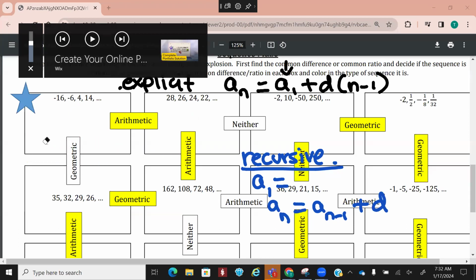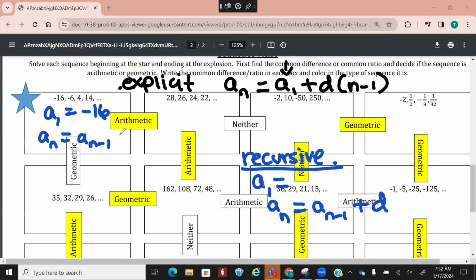Okay, so with recursive, I feel like it's easier, but what you're going to do is you're going to say what a sub 1 is. So what's our a sub 1? -16. And then you're going to say a sub n equals a sub n minus 1. And what is our common difference? 10. That's it. That's all you write.